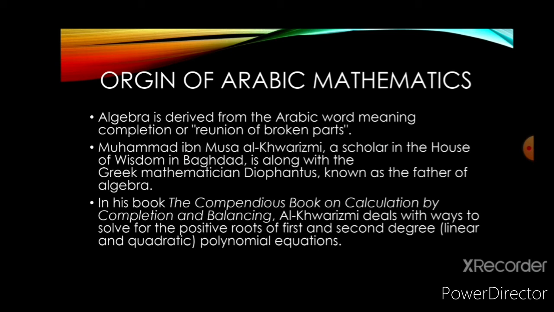In his book, The Compendious Book on Calculation by Completion and Balancing, Al-Khwarizmi deals with ways to solve for the positive roots of first and second degree linear and quadratic polynomial equations.